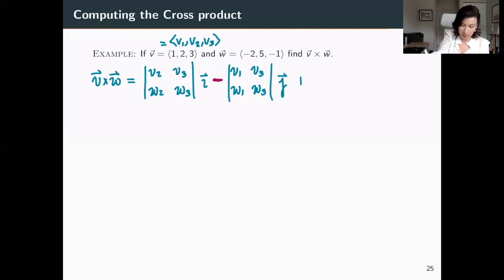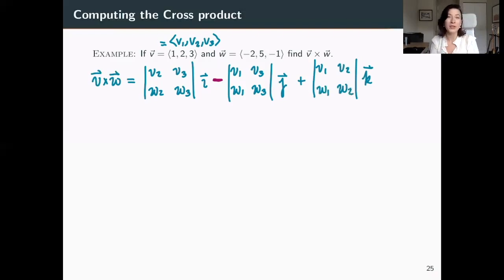Finally, we have a plus. We know that we will have our component vector K. And then the determinant of V1 and V2, W1 and W2. Everything is not having to do with 3.